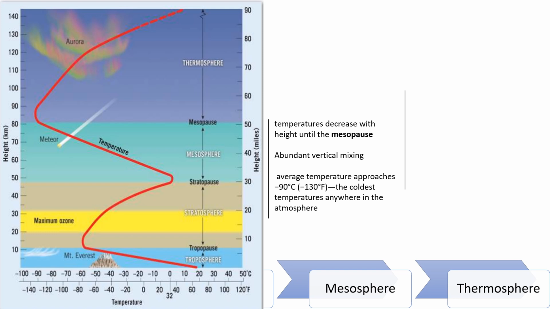That is because it cannot be reached by the highest flying airplanes and research balloons, nor is it accessible to the lowest orbiting satellites. So it's not possible to explore, and that's why it's the least explored region.